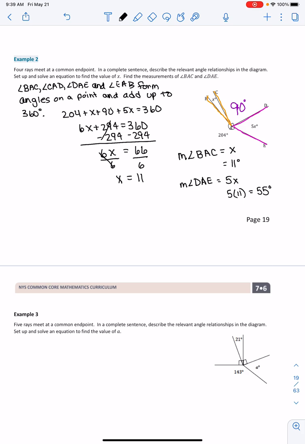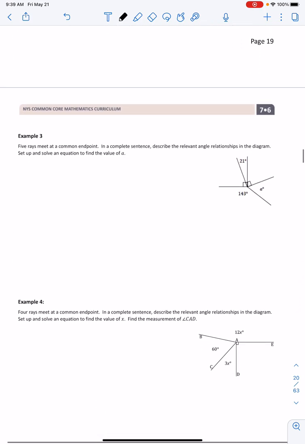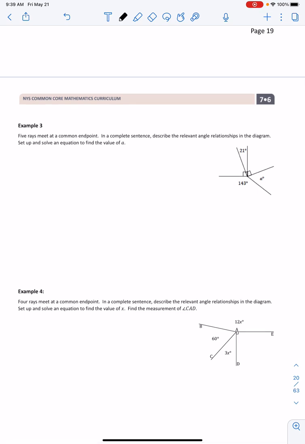Okay. My next example says 5 rays meet at a common point. In a complete sentence, describe the relevant angle relationship in the diagram.